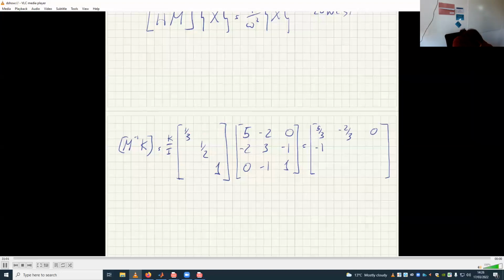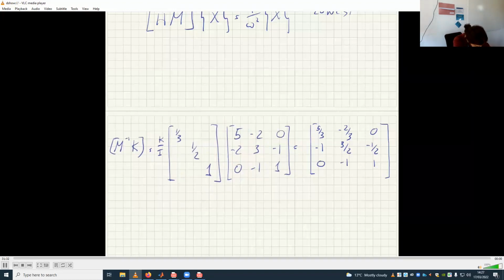This one is 3/2, and this one is minus 1/2. The last row is exactly 0, minus 1, 1. Yes, row times column, it's exactly the same. So you should agree with me that this is the result, and I forgot, of course, K divided by I. It's always important that you put K divided by I because they were taken out as a subject.